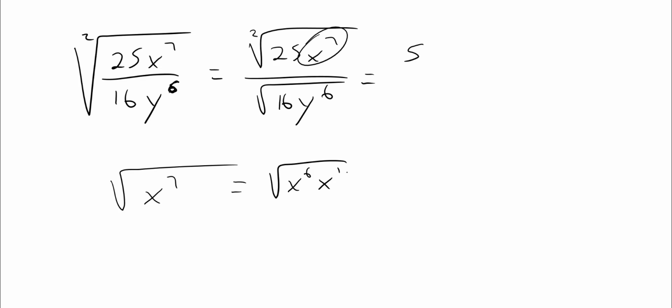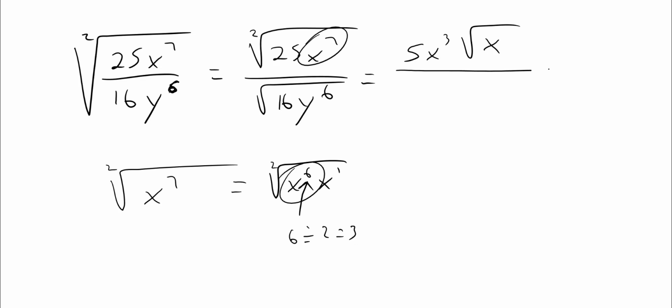We've talked about this many times already. You need to write it like that because the 2, which is the square root, needs to go into that number. 6 divided by 2 is 3. So you get 5, then x to the third, because you took the square root of x to the sixth, and what's left over is x to the first.